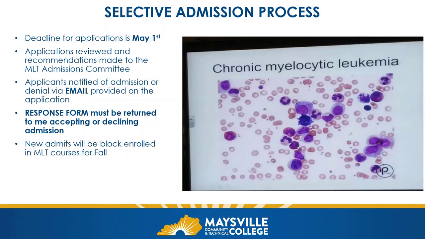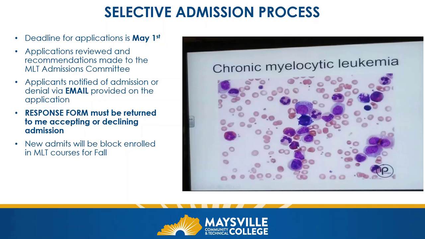by May 1st, those applications will be reviewed and recommendations will be made to the MLT Admissions Committee. Applicants will be notified of admission or denial via the emails provided on the application.